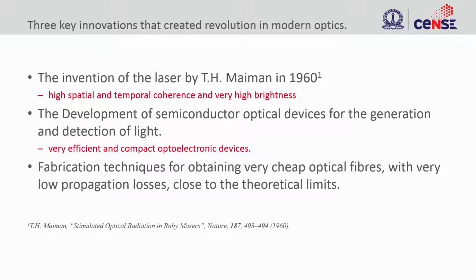And evolve for what? We were using semiconductor optical material for generating and detecting light, because we have already studied in earlier courses that there are two types of semiconductors: direct band gap semiconductors and indirect band gap semiconductors. These two have their own interesting properties.